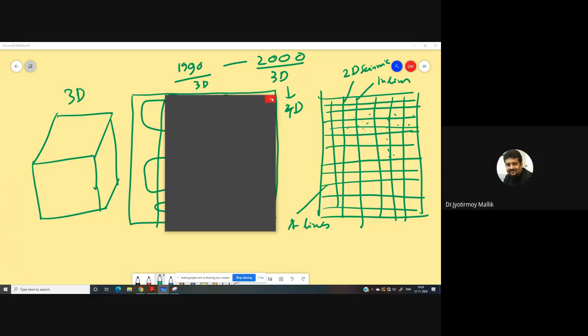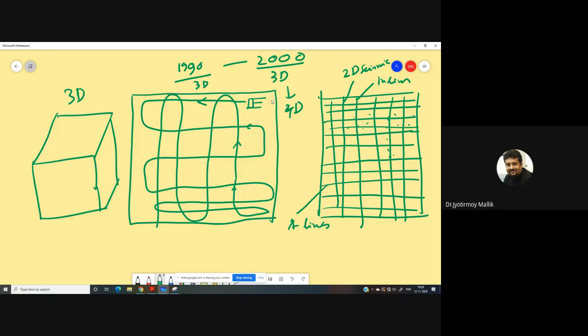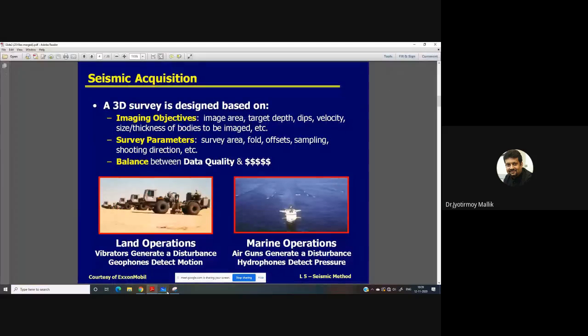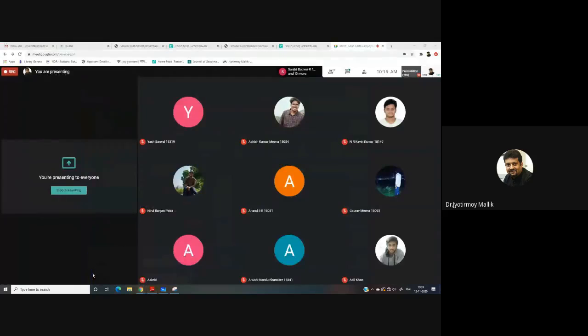But remember, if I increase more 2D lines, of course, I have to interpolate less. If I have to interpolate less, that means my data will be better, but then it's going to be more expensive. Okay. So is that clear how the acquisition is done, more or less, for land and sea for you guys? Did you understand?